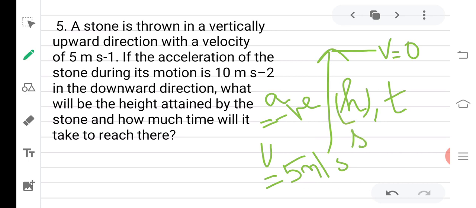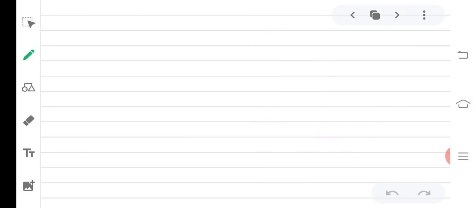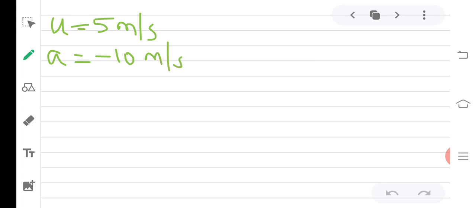So first we will use the first equation of motion. The given data: u is equal to 5 meter per second, and a is equal to, when it is going up, minus 10 meter per second square. When it reaches the top, the velocity will become 0. So first you have to find the time taken. So v is equal to u plus at. Substitute in this formula.